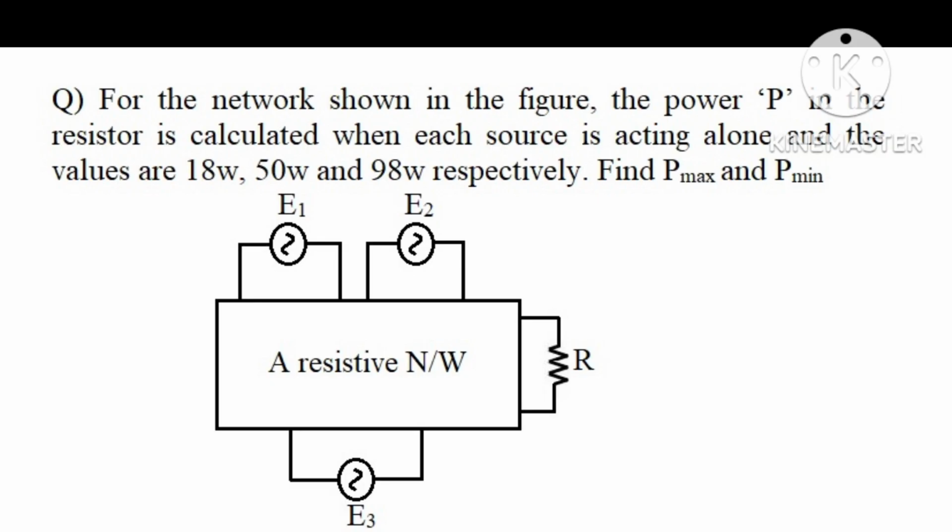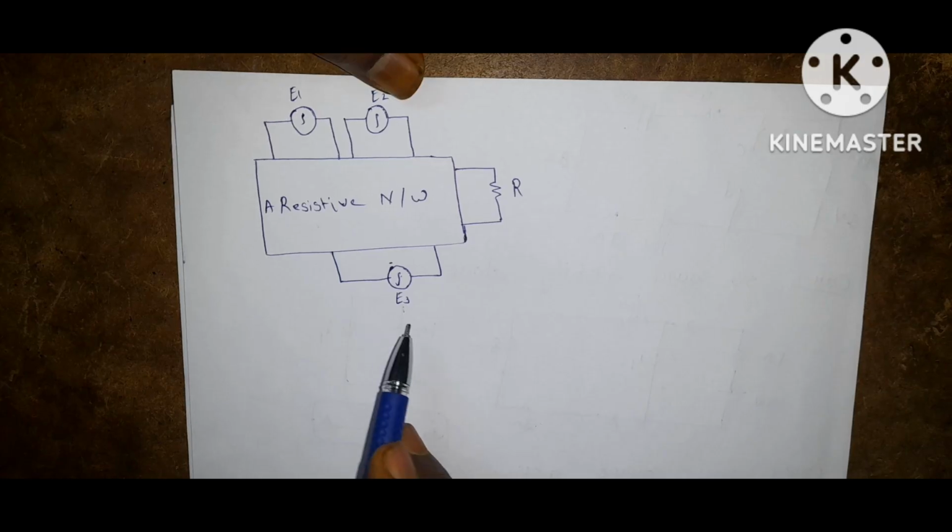Next question is, for the network shown in the figure, the power P in the resistor is calculated when each source is acting alone and the values are 18 watts, 50 watts and 98 watts respectively. Find the P max and P minimum. This is the given network.